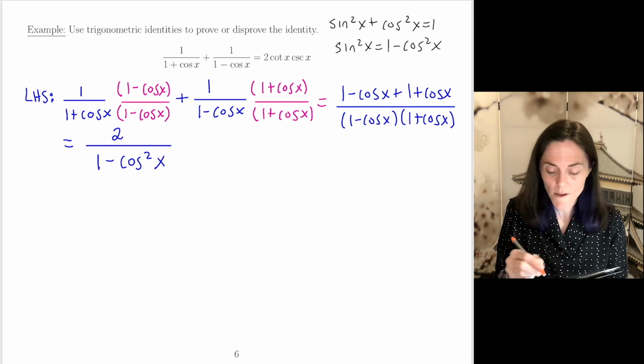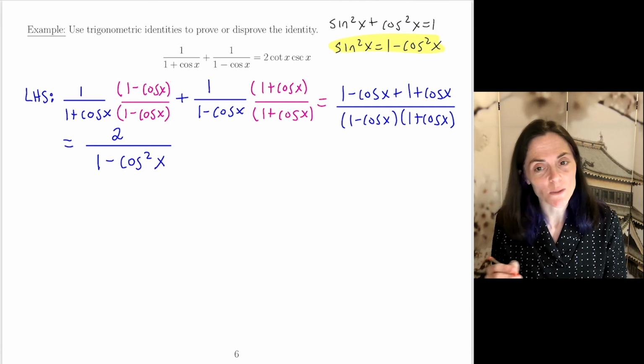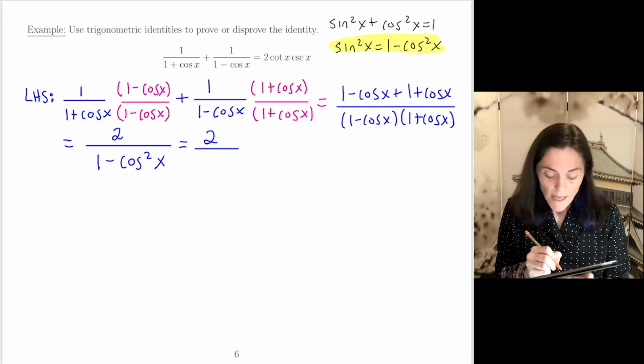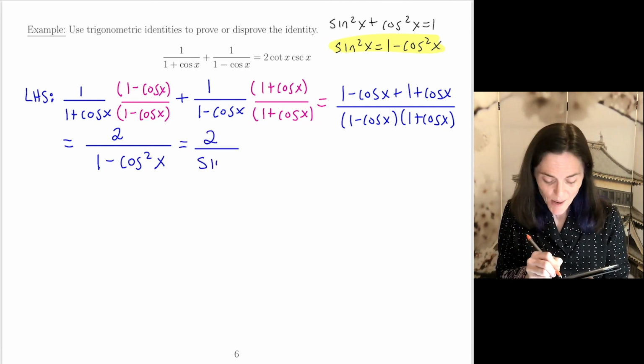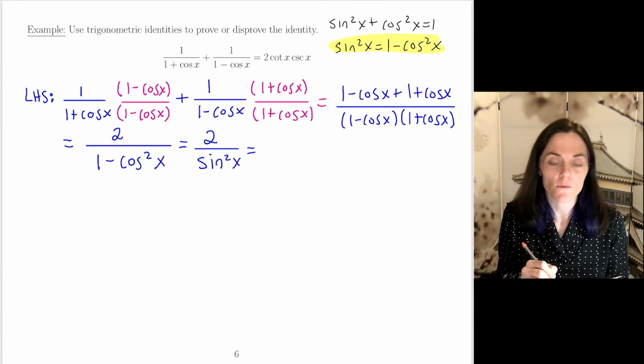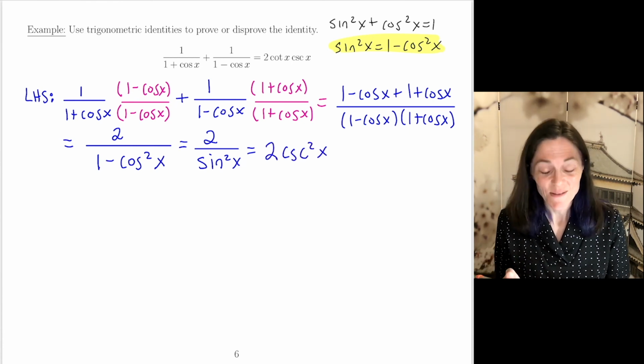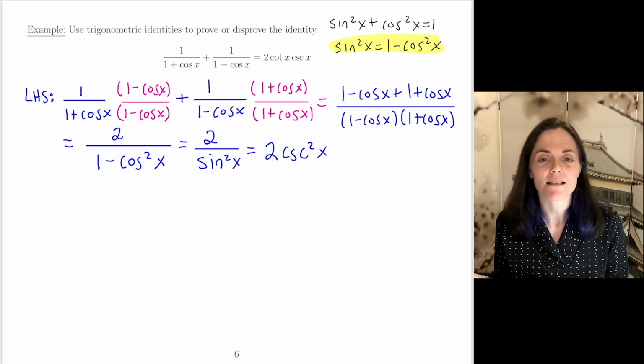So this is the one that I'm going to use here. You see in my denominator, I have 1 minus cosine squared x. So this is just sine squared x in the denominator. So this simplified, in fact, I can write it in terms of a cosecant. This is 2 cosecant squared x. So this is as simple as I can make the left-hand side.